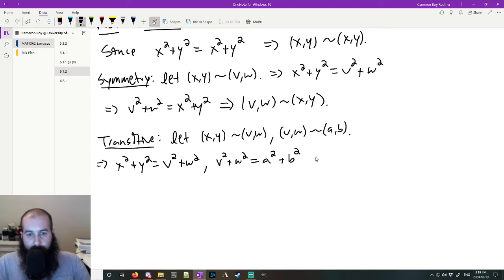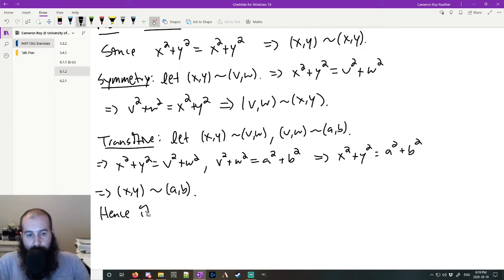Thus, by transitivity of equality, we have that x squared plus y squared is equal to a squared plus b squared, which satisfies the definition for the pair xy to be related to the pair ab. So this is also transitive. Hence, it is an equivalence relation.